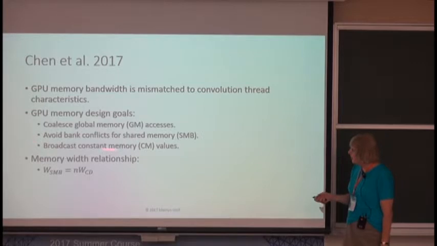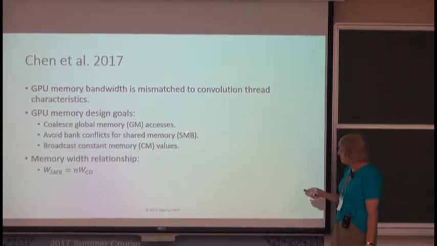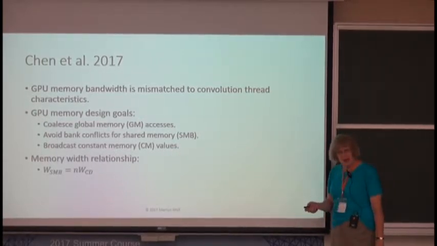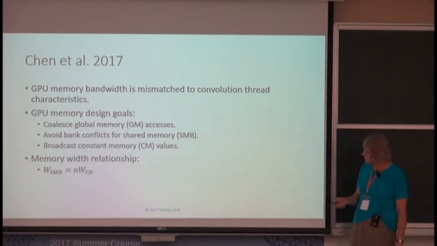Okay. So they looked at how to optimize these convolutions for GPUs. They want to coalesce the global memory accesses. Right. So you do have to bring some stuff from global memory, but you don't want to access the same location a whole bunch of times.